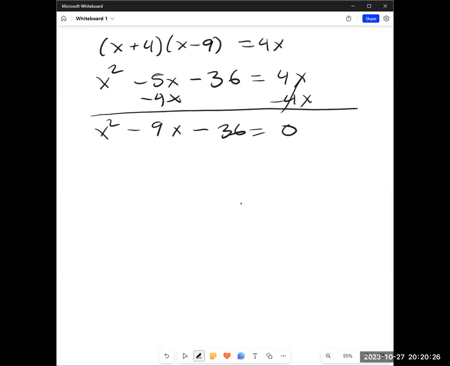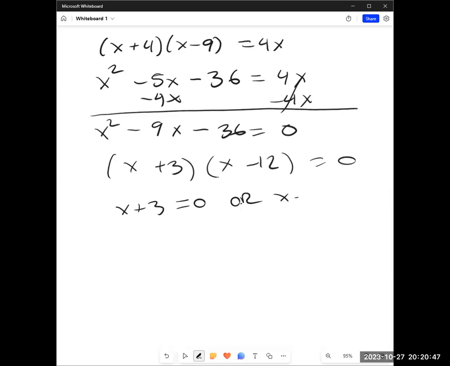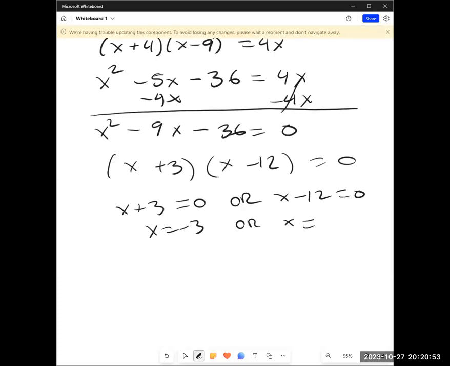So now I need factors of 36 that have a difference of 9, which are 12 and 3. x plus 3 equals 0, or x minus 12 equals 0. x equals a negative 3, or x equals 12.